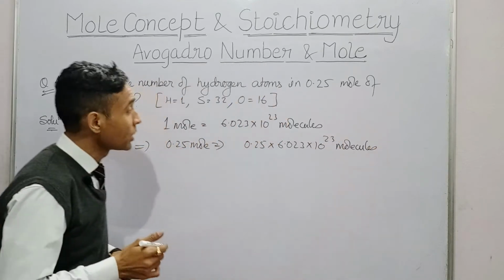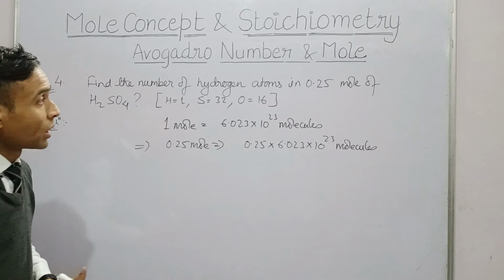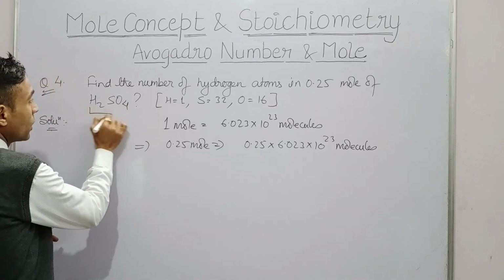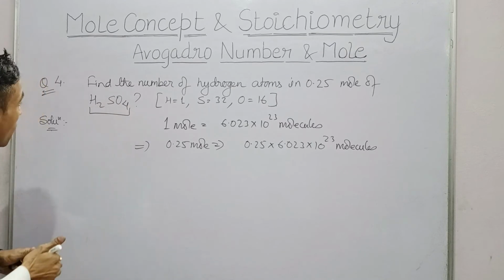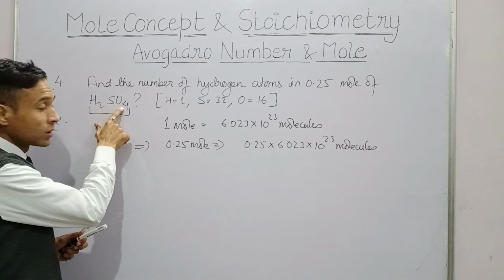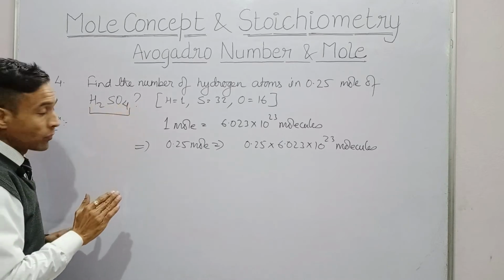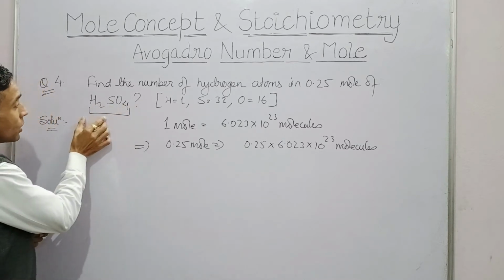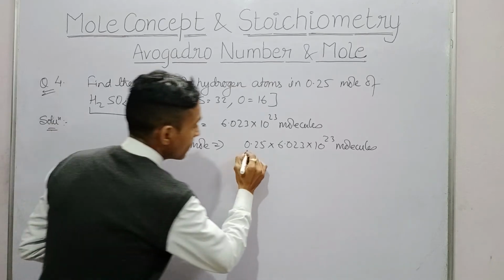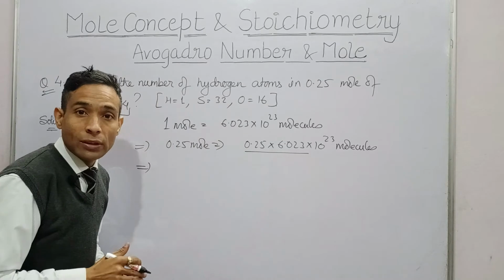But we have to find out the number of hydrogen atoms in 0.25 mole. So the total number of atoms in H2SO4 are 2 of hydrogen, 1 of sulfur and 4 of oxygen. So total are 7. We have to find out only about the hydrogen atom. So we will multiply 2 with this number and this is going to give us our answer.